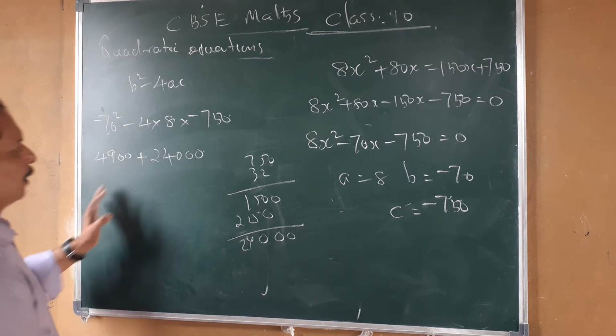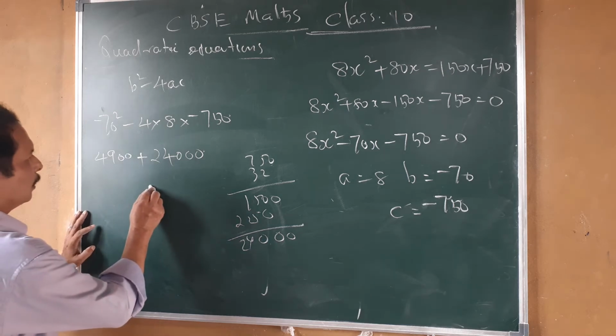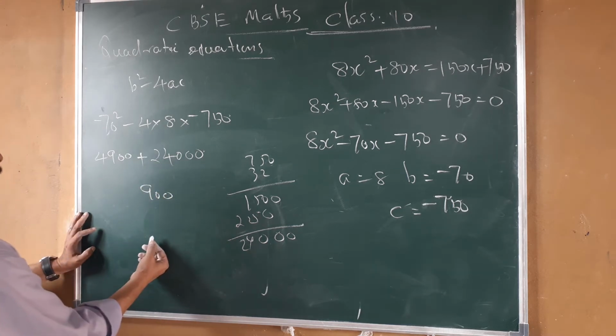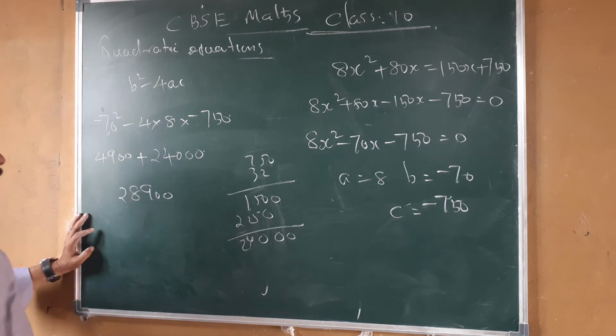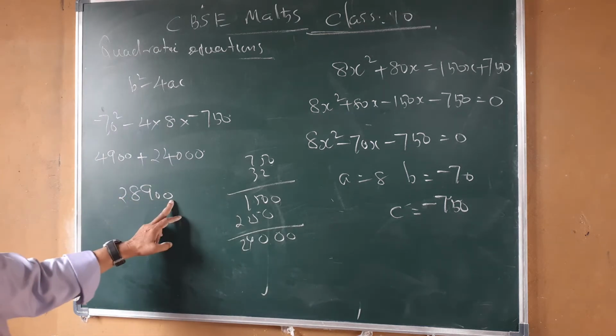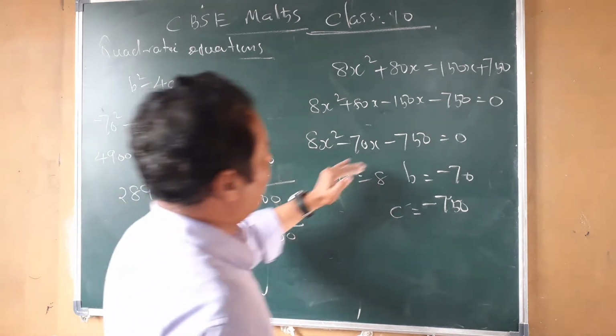Is it clear? And you add, you get 28,900.